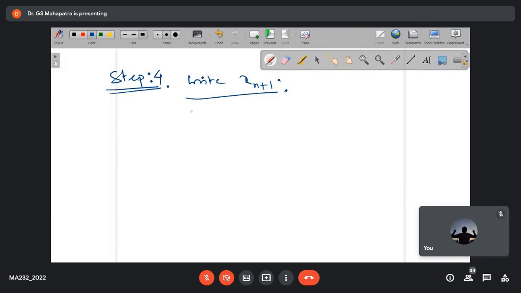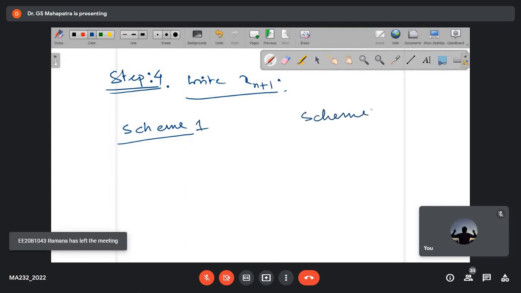Scheme 1 I will write. I'm not going to write in details like the earlier steps. It's better to write in short form, in terms of scheme, scheme 1 and scheme 2. Let us see what that is.